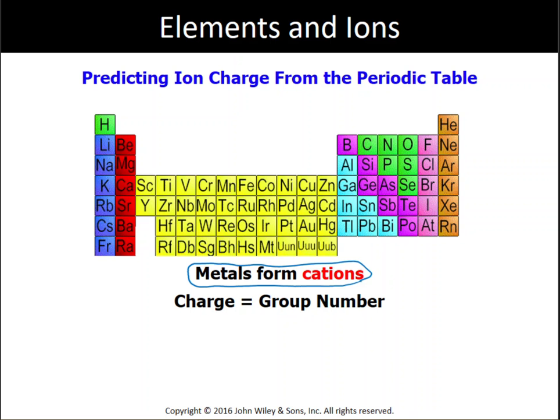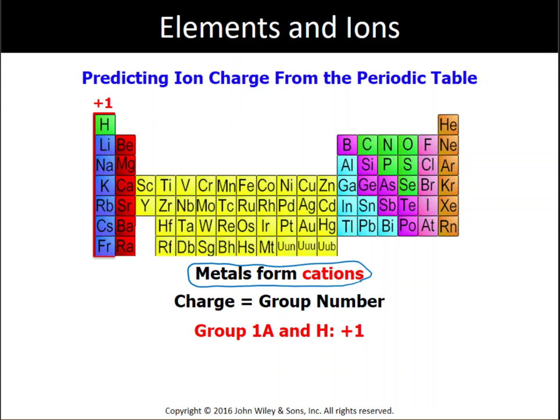For some of the metals in the periodic table, we can predict their charge because their charge is fixed. And that fixed charge only applies to main group metals. Now, all the metals in group 1A have a 1 positive charge. Group 1A is the alkali metals.